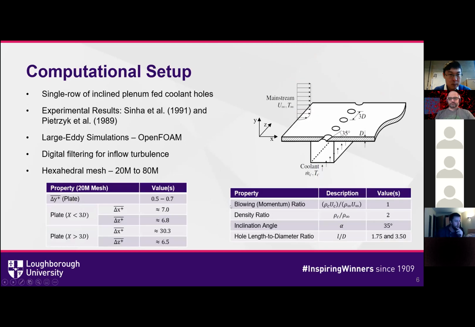Our computational setup is a single row of inclined plenum-fed coolant holes, but we won't be modeling an entire row. We're going to simplify the problem and model just a singular hole with periodic boundaries from side to side. We're comparing to the experimental results of Sinar et al. and Pietri's paper, and we'll be using large eddy simulations with a wall-adapting local eddy viscosity subgrid scale model.